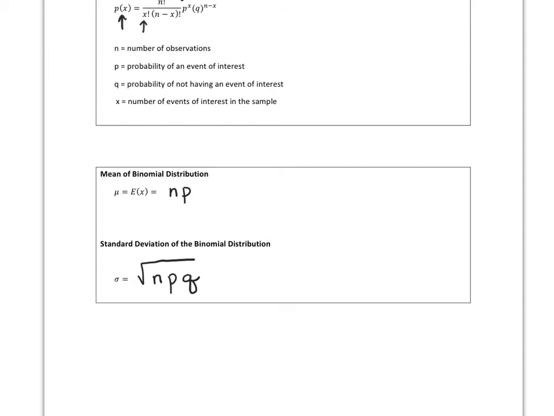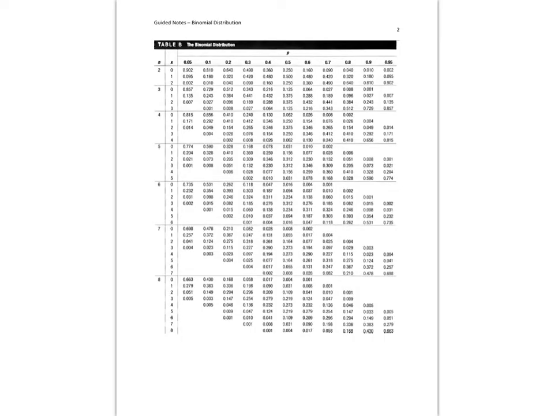Now, the next page is a table, and I'm going to come back to that. So this is a binomial distribution table, and this first column is values of n. Okay?